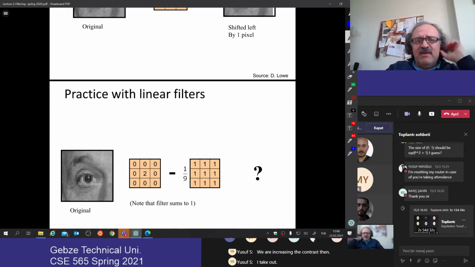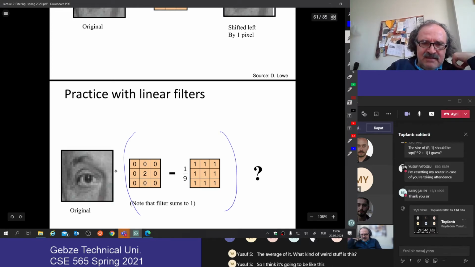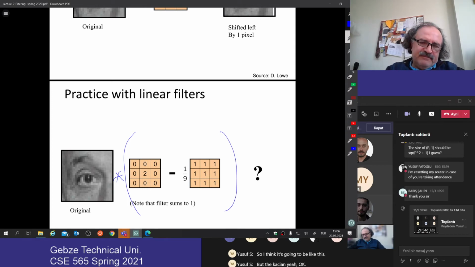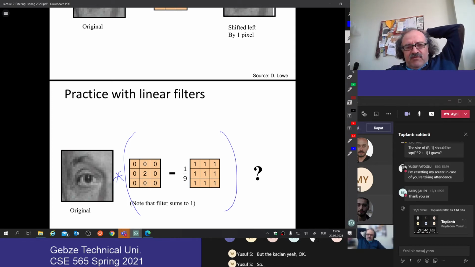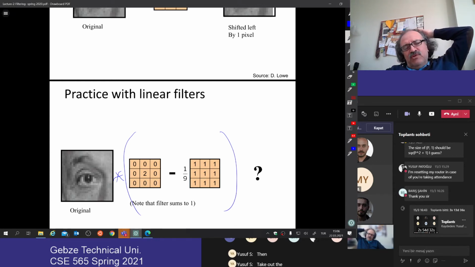What kind of weird stuff is this? So I think it's going to be like this. Multiplication, okay. So convolution, first convolve it with times 2, increase the contrast, then take out the smoothed version of it.